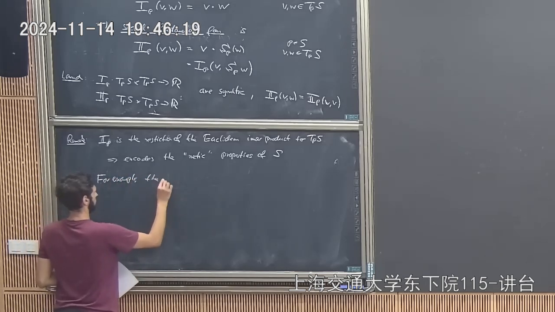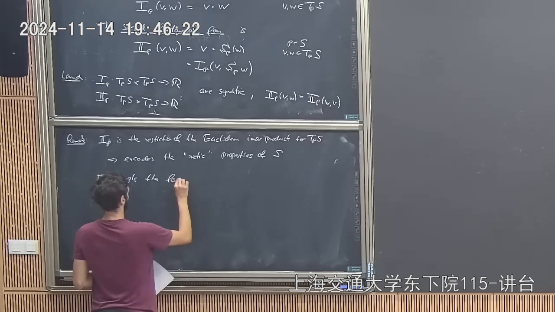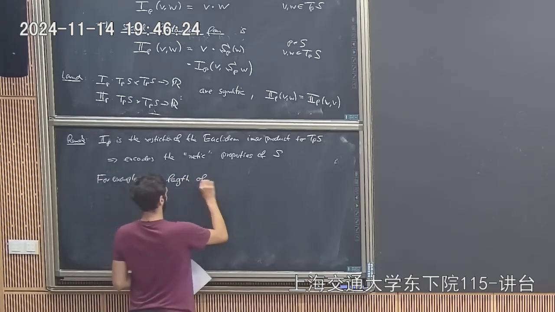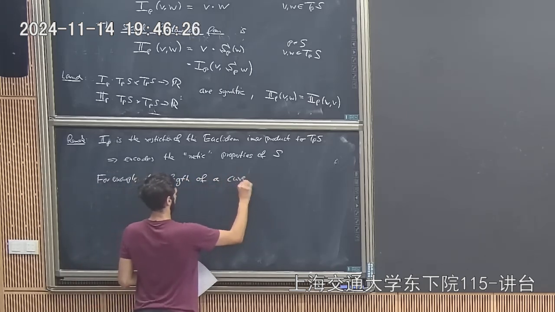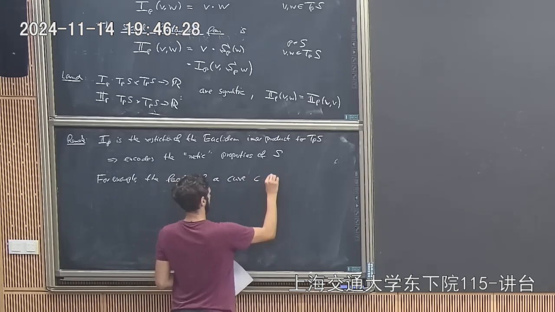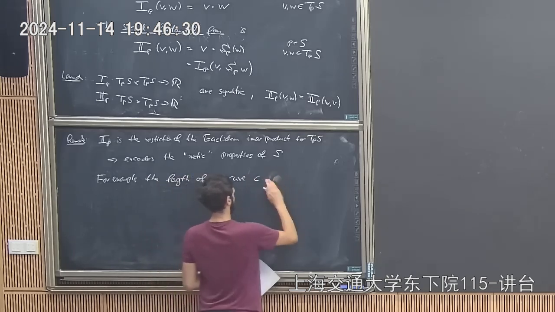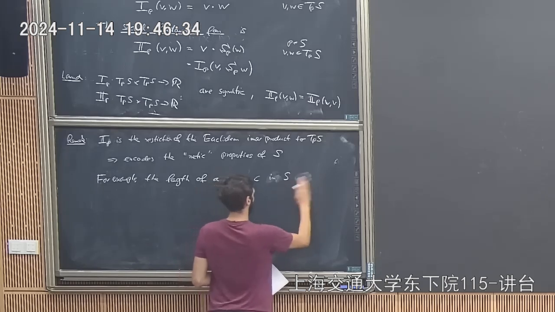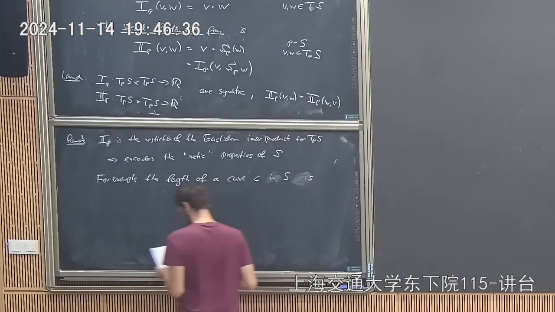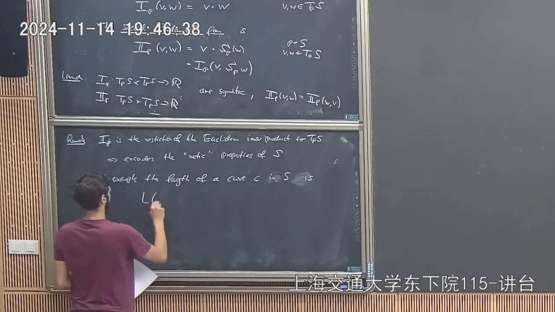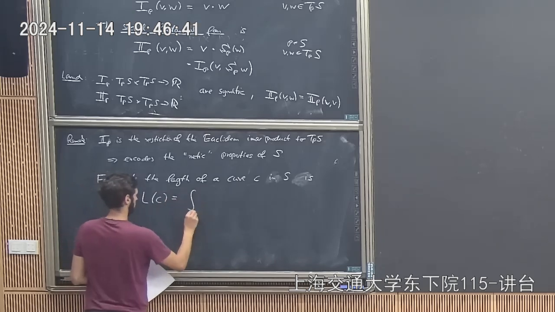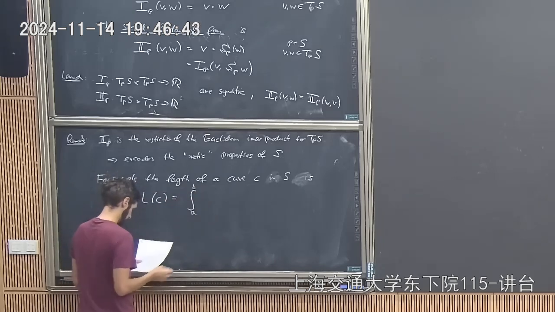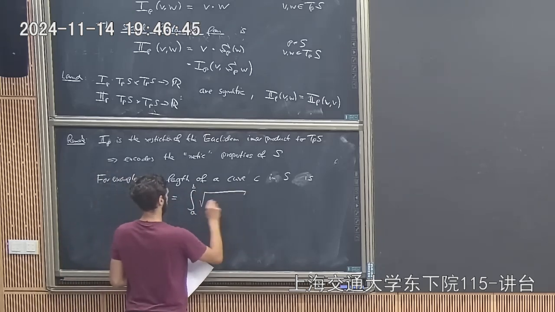For example, the length of a curve c in S is given by the following formula, which is the integral over the square root of the first fundamental form.